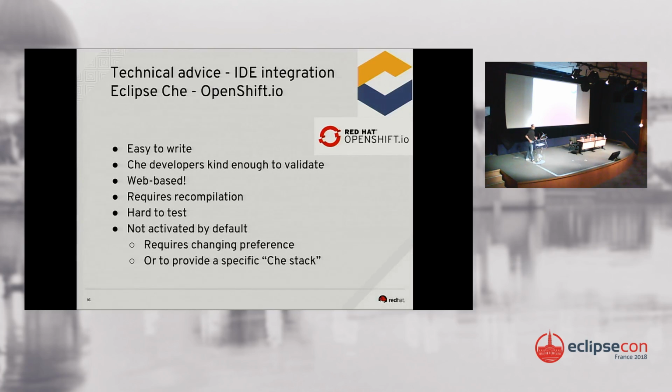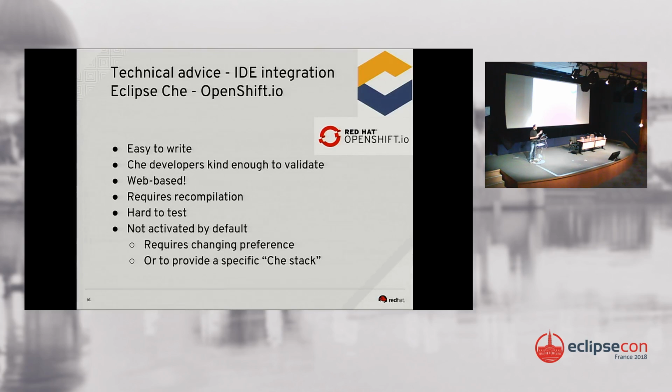So the last IDE integration that we did is with Eclipse Che, whose benefit is that Eclipse Che is also part of OpenShift.io, so you have 2 IDEs for the price of one. It was quite easy to write. It is in Java.